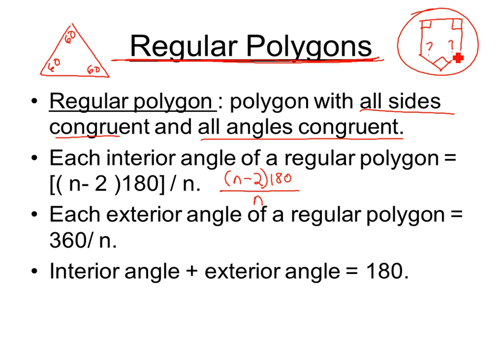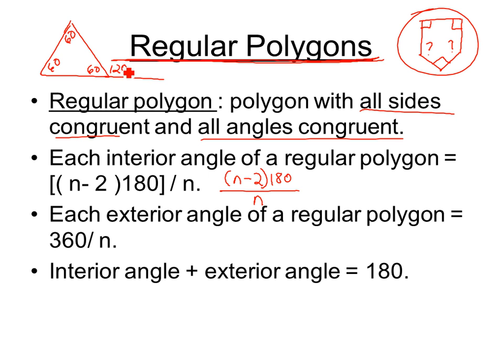Each exterior angle, so if you have an exterior angle here, and you know it's a regular triangle or any regular polygon, you can find each exterior angle just by taking 360, the total of the exterior angles, and dividing by the number of sides. So for this equiangular triangle here, what's this exterior angle always going to be? 120.